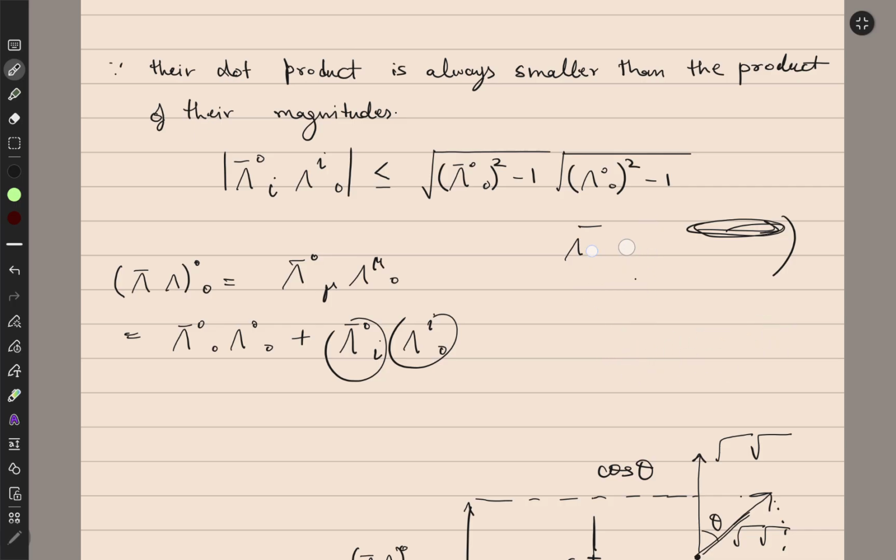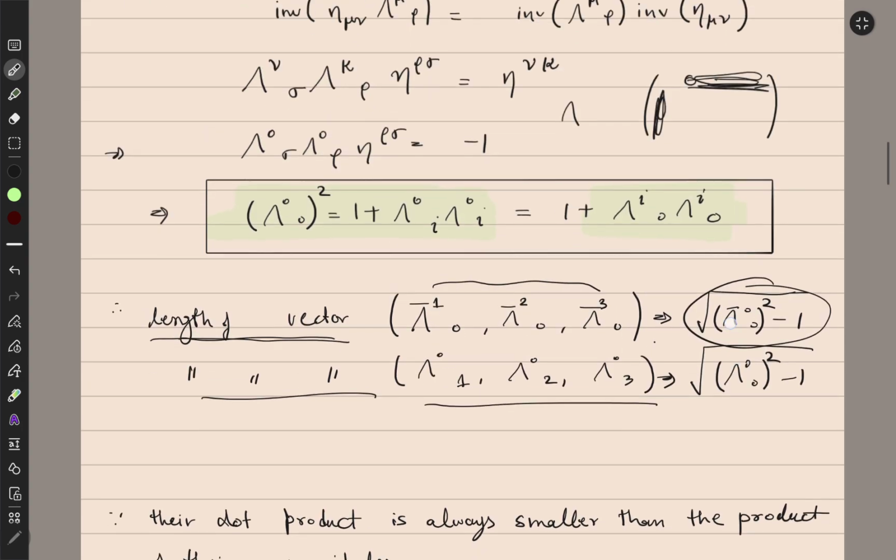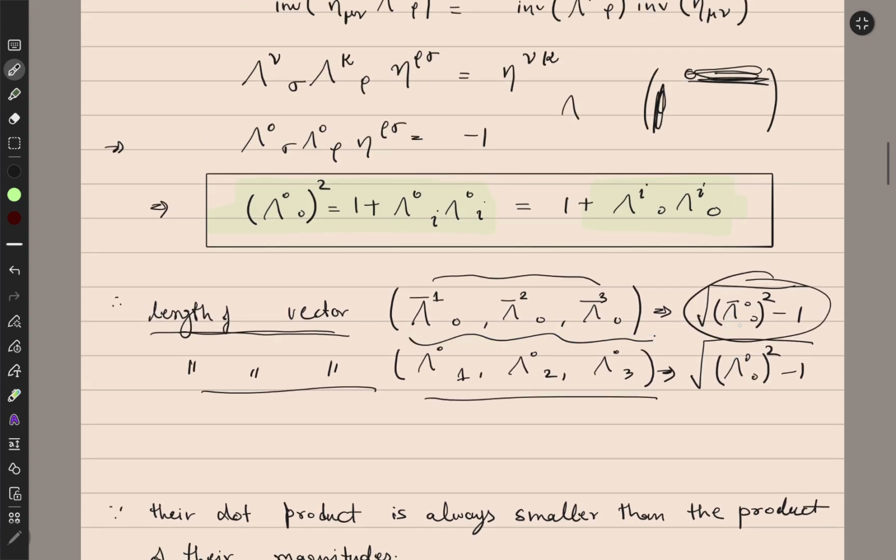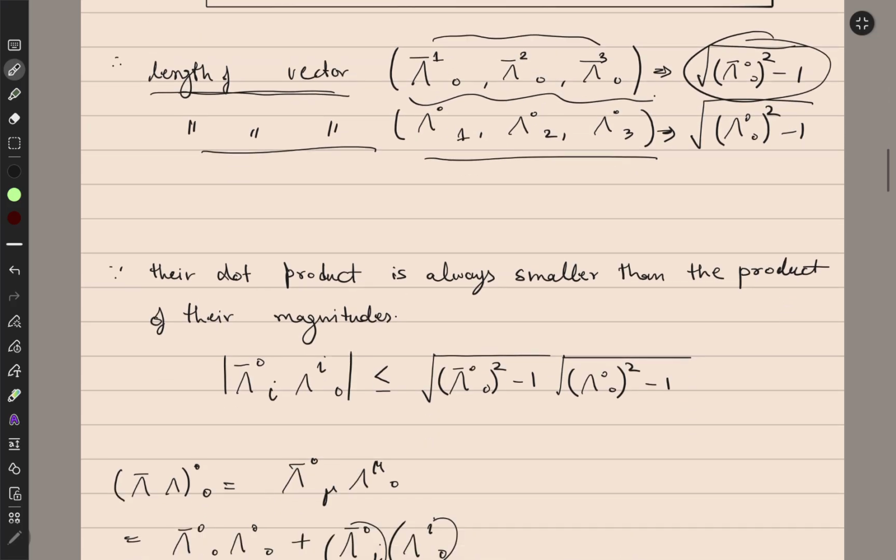So the point is that this whole thing would have a structure of the length of this vector times the length of this vector times the cosine of some angle between them. And the length of these vectors can be found as we saw above. It's just the 0 0 component squared minus 1, under the square root.